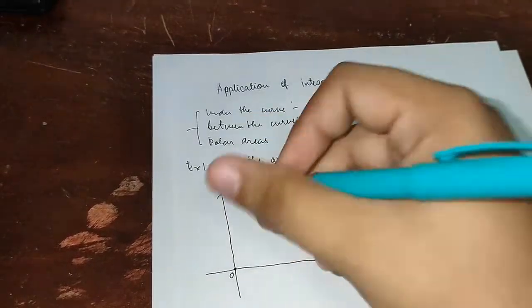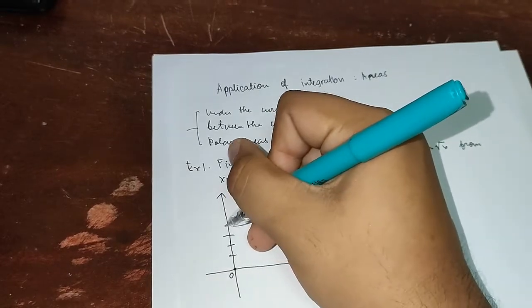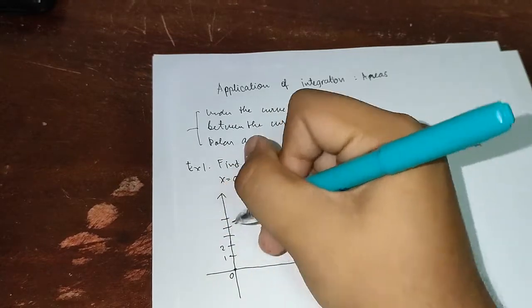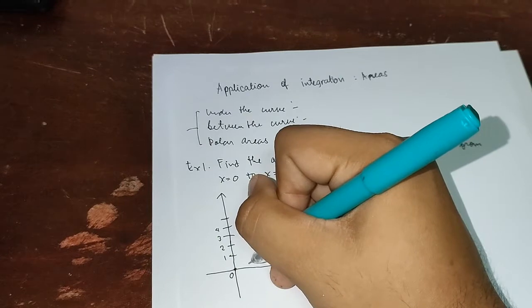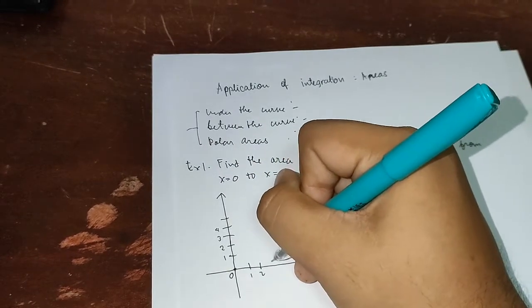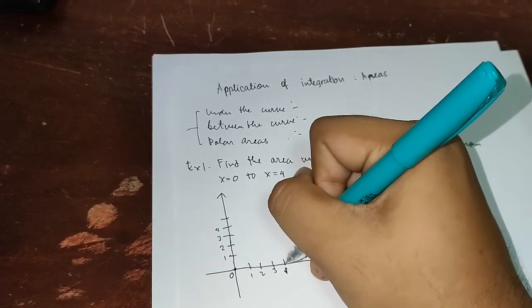So, mark the line here. This is 1, 2, 3, 4, and in the x-axis 1, 2, 3, 4. It's the 4.